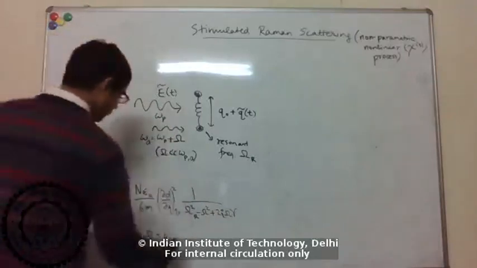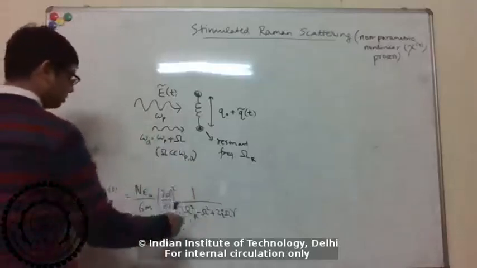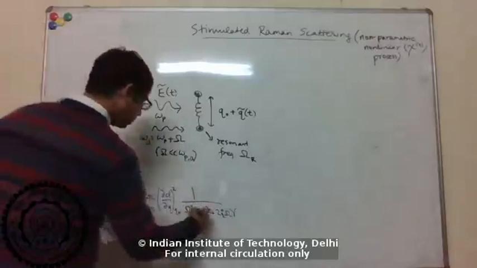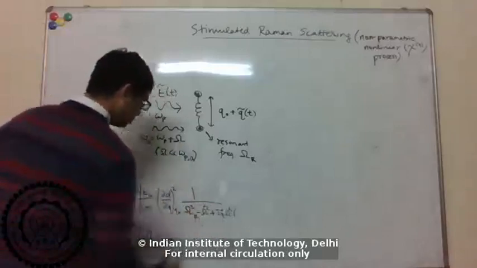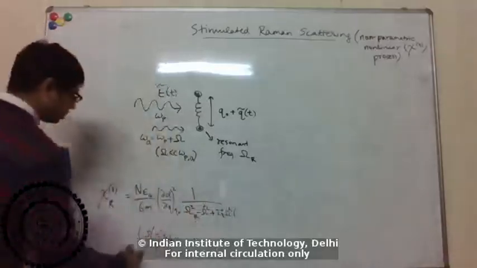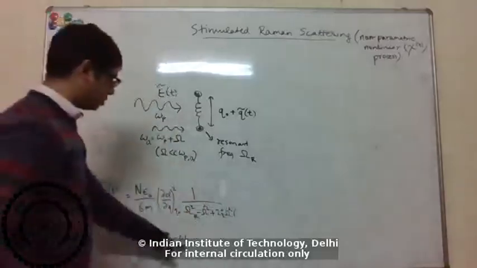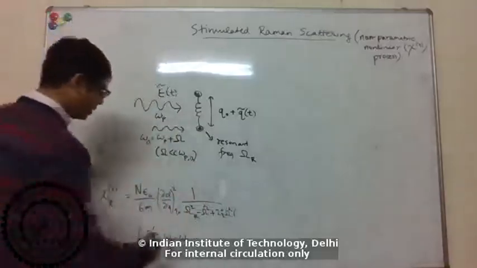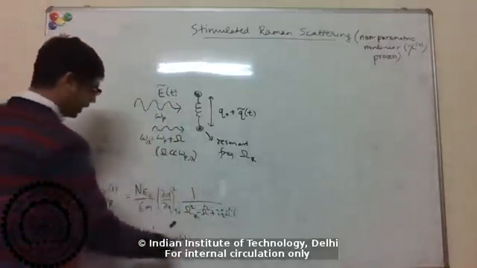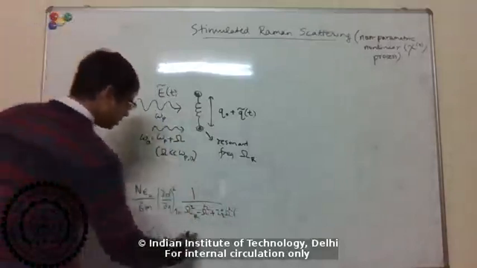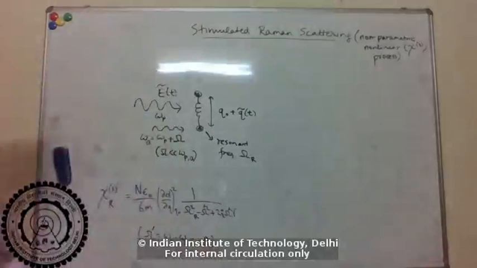So here in this case, maybe I'll just denote this as omega prime. So omega prime was omega p minus the other wave. In the Stokes case, it was omega s. Here, if the other wave is omega a, then this is minus omega, right?